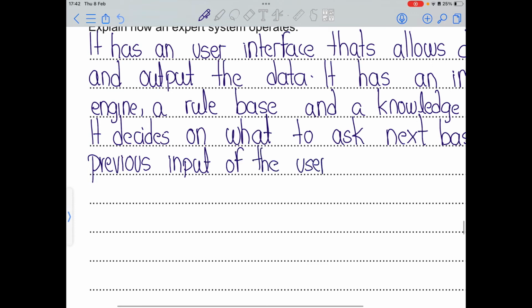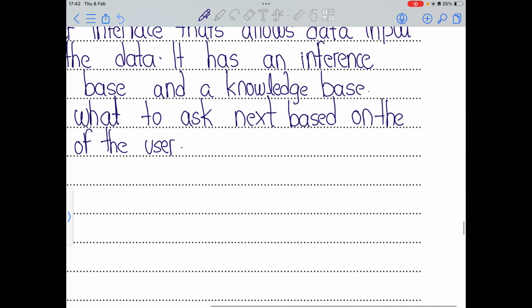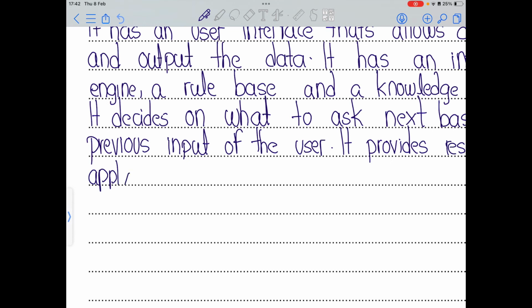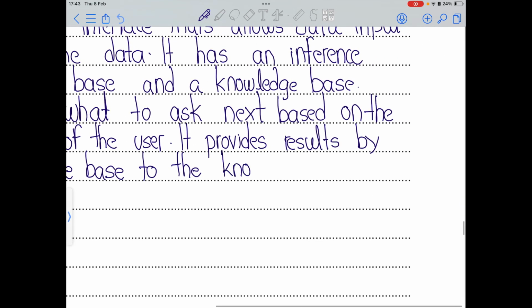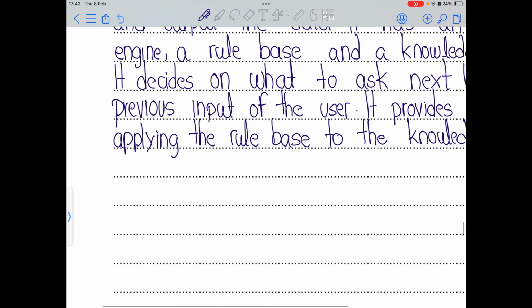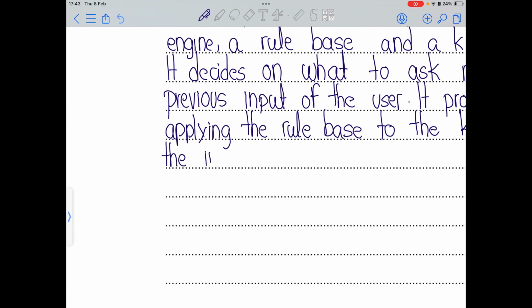And once you have commented on all of this, we also want to conclude by saying that it provides results or decisions by applying the rules in the rule base to the knowledge base in the inference engine.